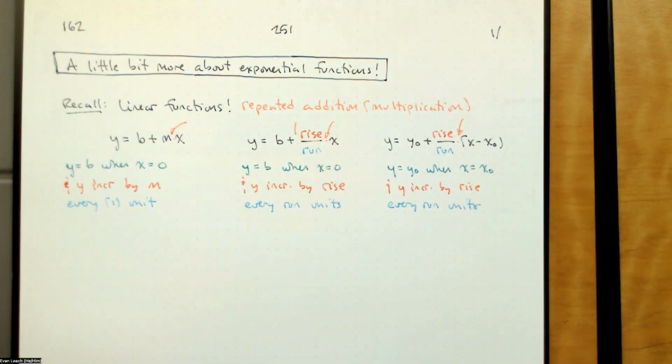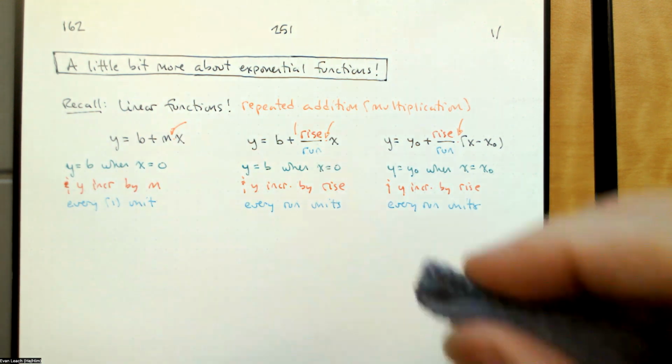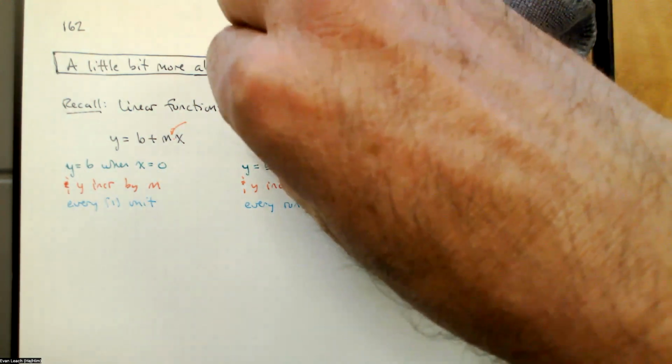That repeated addition is where we say m times x. Add m x times, add m a bunch of times, and that would be x times.